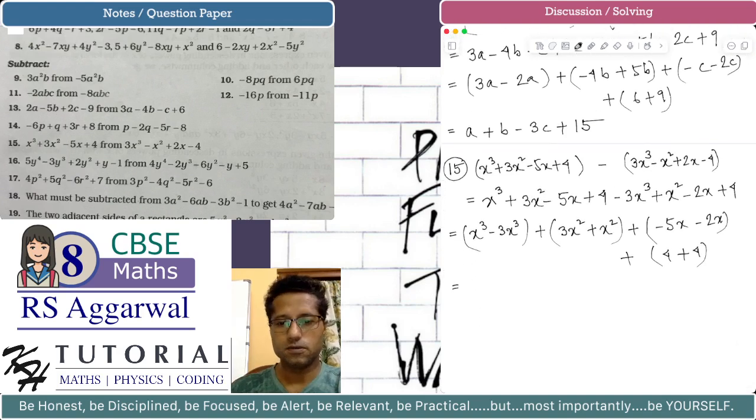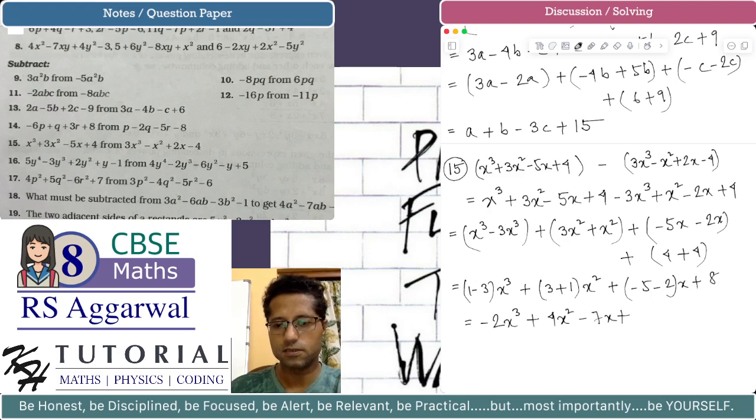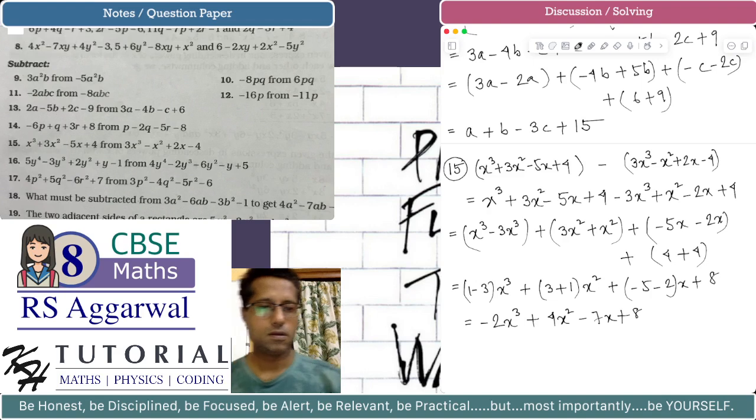So 1 minus 3 is minus 2, giving minus 2x cube, plus 4x square, minus 7x, plus 8.